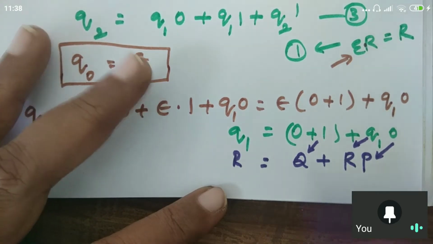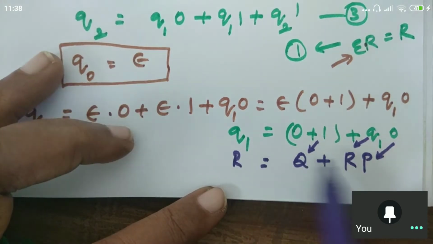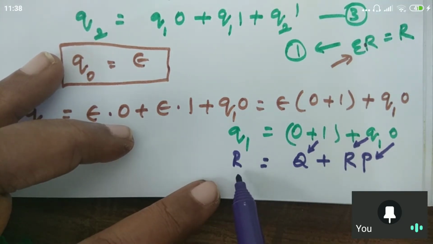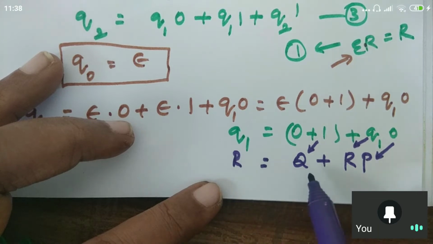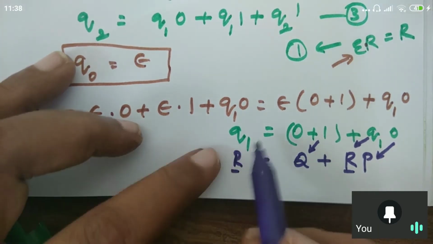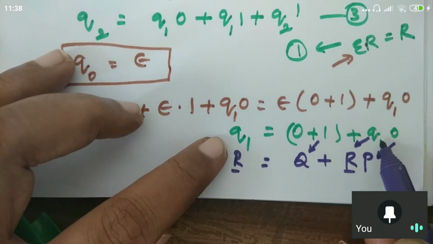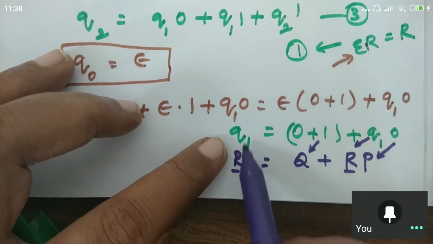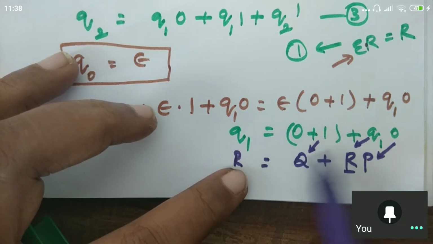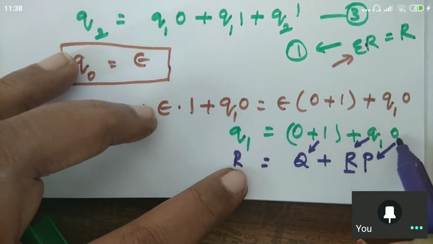So we are comparing with Arden's theorem. R is repeating here and here, similarly Q1 is repeating in two places. So I am taking Q1 as R, the entire term 0 plus 1 as Q, and 0 as P.